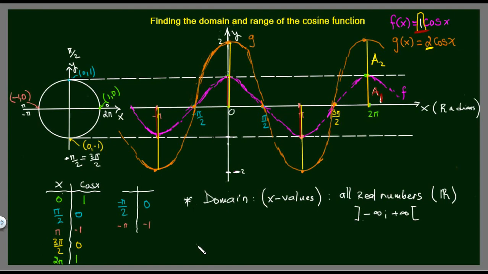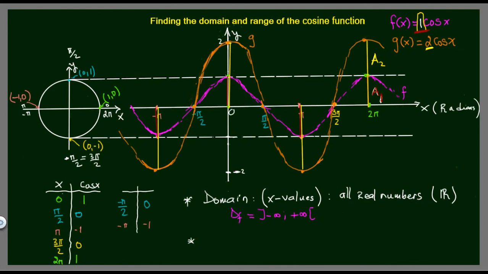The second question is for f; let me put it again. Both functions have the same domain, so for the f function, let me put df, the domain is R, minus infinity until plus infinity.